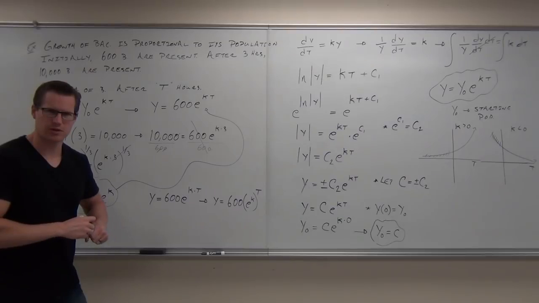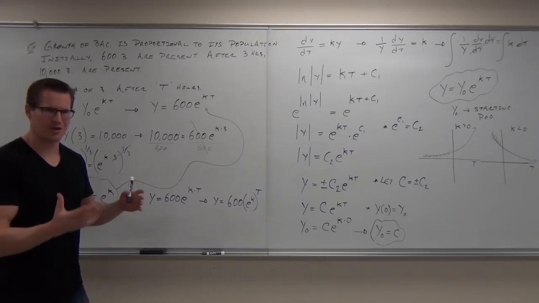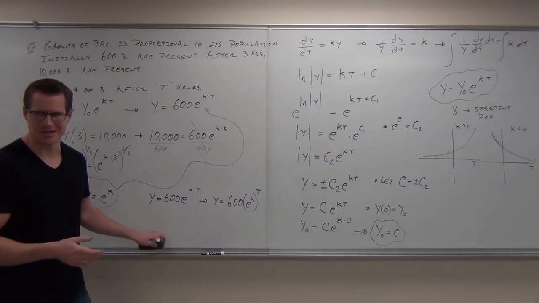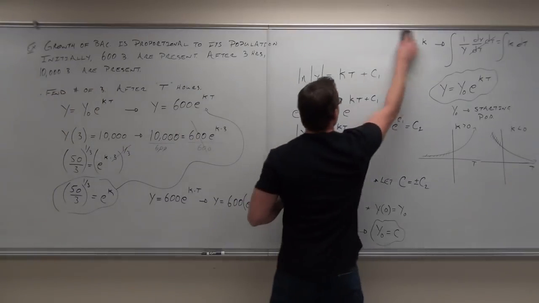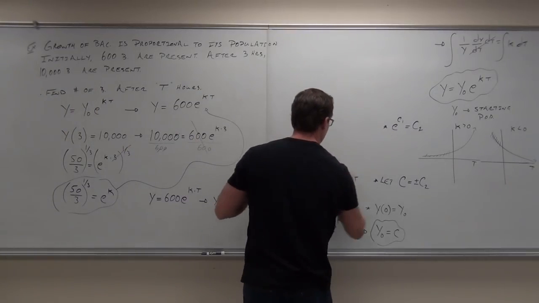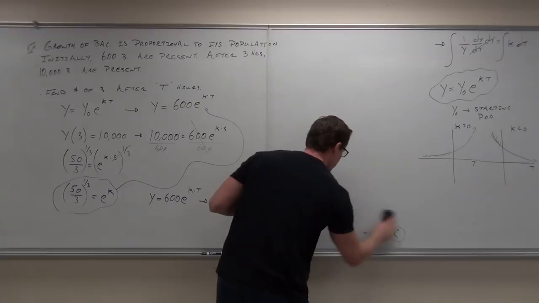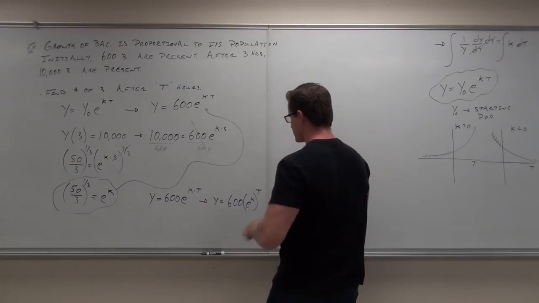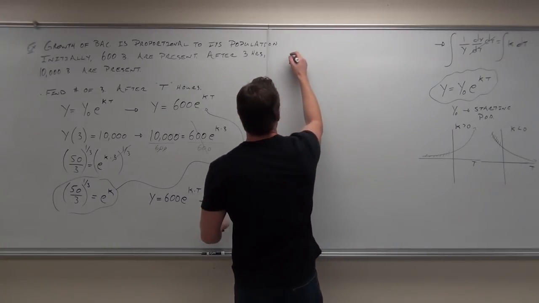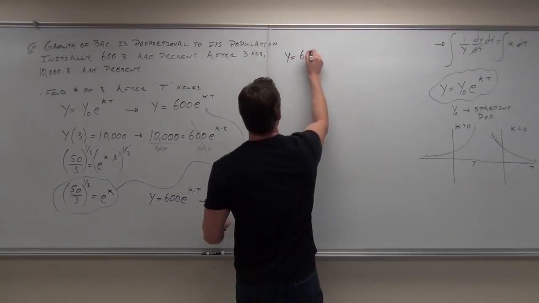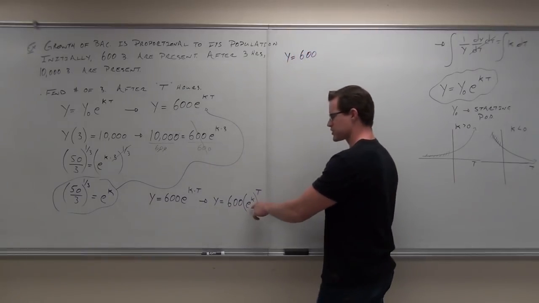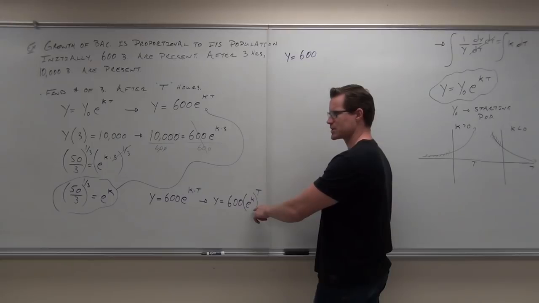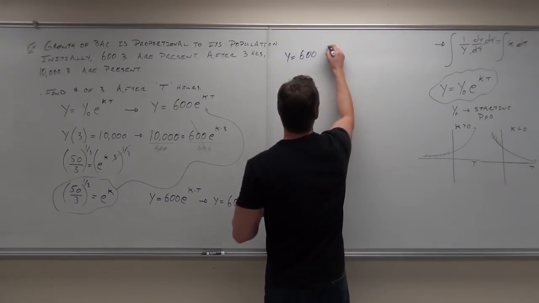Am I going too fast for you? It's just some algebra, but I know that algebra can be intimidating for some of us. Okay, well, then y equals 600. Do we have an expression that's equal to e to the k? How much is it? 50 over 3 to the 1/3 power.